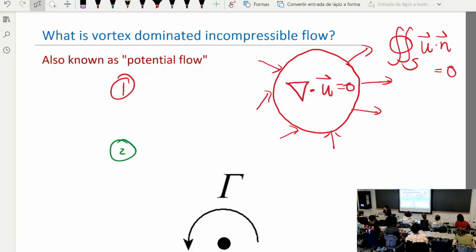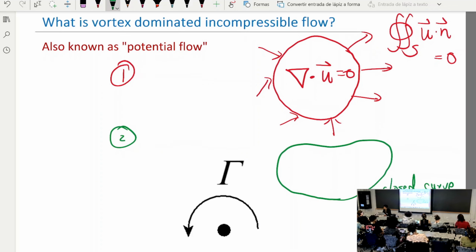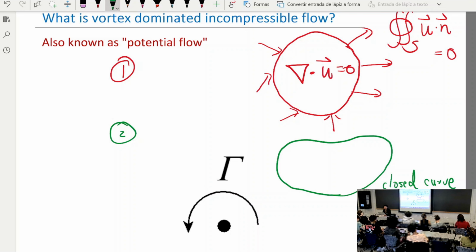Okay, so this is a closed volume. The second thing is whenever you draw a closed curve. So this is a closed curve. The velocity integrated around that curve. This is not a surface integral, but a line integral.